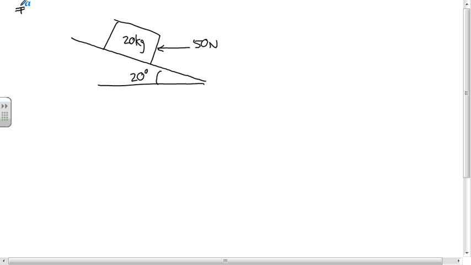This is number 3C. Okay, so a free body diagram. Well, we're just doing all of 3, I suppose.